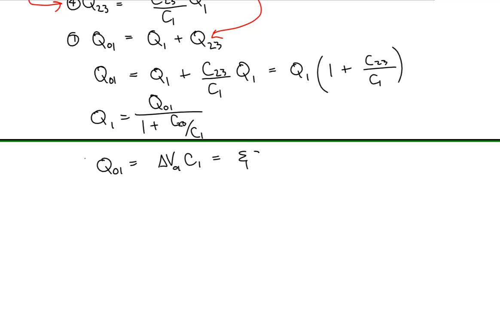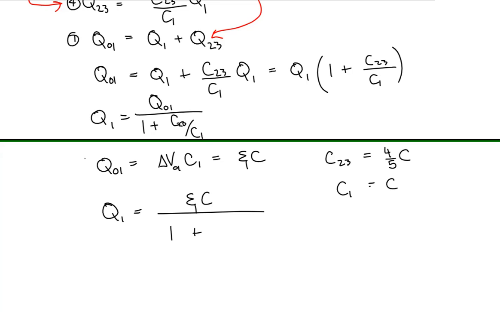And we called that just the EMF times C. So this means the charge on capacitor 1 is the EMF times C divided by 1 plus, well, remember the equivalent capacitance of capacitors 2 and 3 we said was 4/5 C, and then C1 is just C. So this is 4/5 C divided by C. The C's cancel.